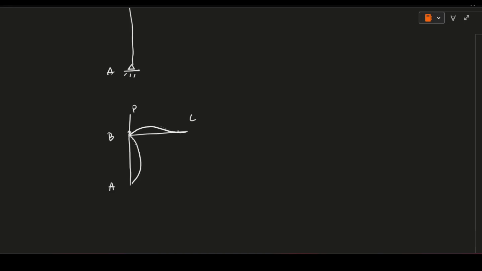It goes to 0 before reaching the end point at C. That is how the frame will deflect.